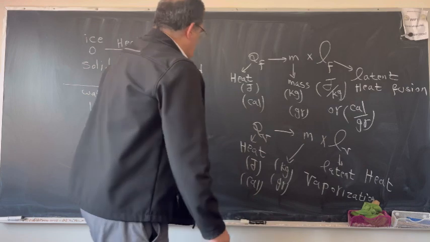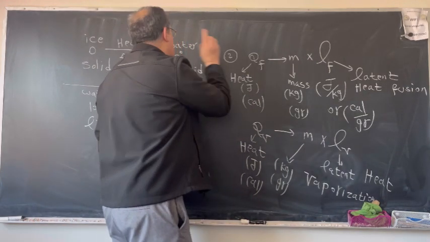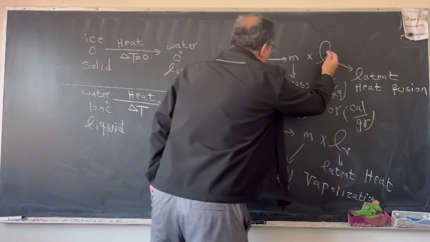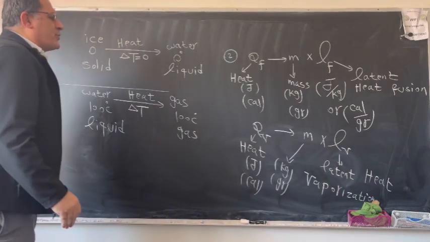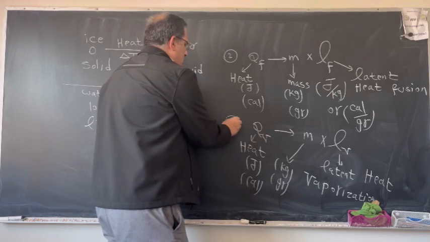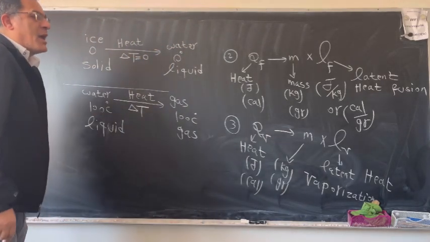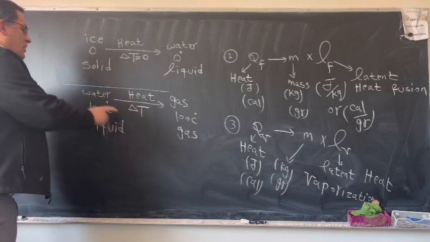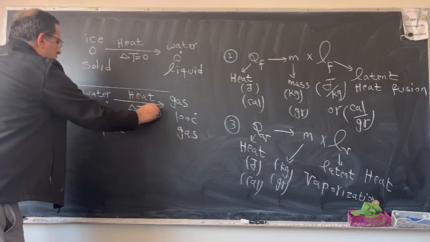So this is the second formula. When you give heat to any substance to change solid to liquid, QF equals M LF. The next formula, to change liquid to gas, is QV equals M LV. In both cases, the temperature doesn't change.